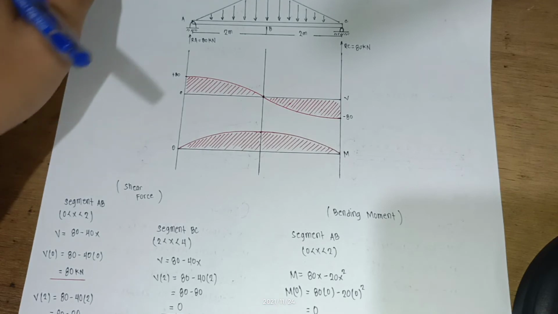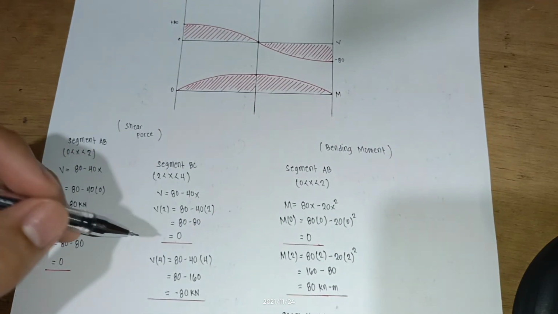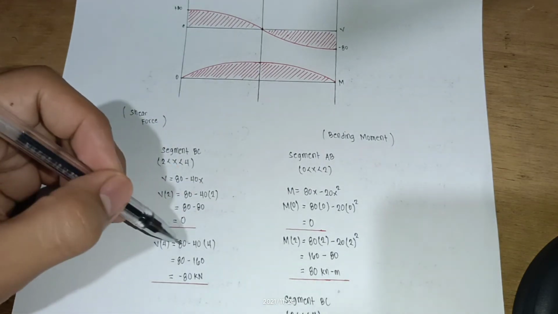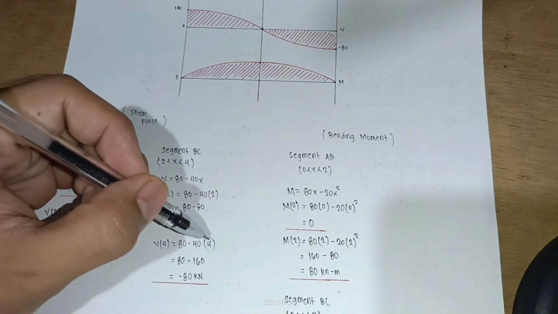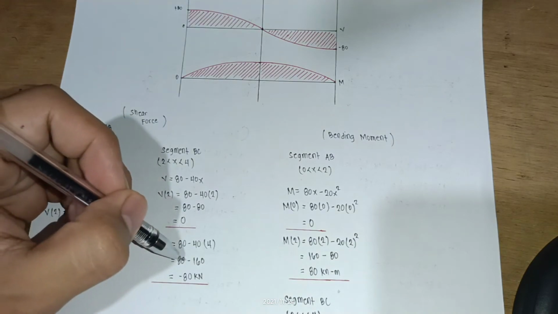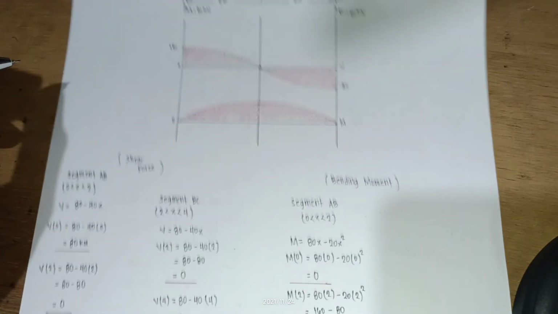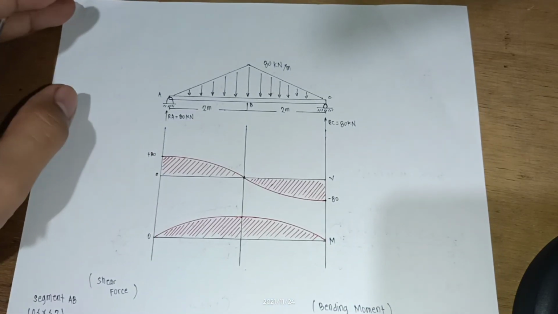And then substituting x is equal to 4, that would be 80 minus 40 times 4. Then 40 times 4 is 160. So 80 minus 160 is equal to negative 80 kilonewtons.